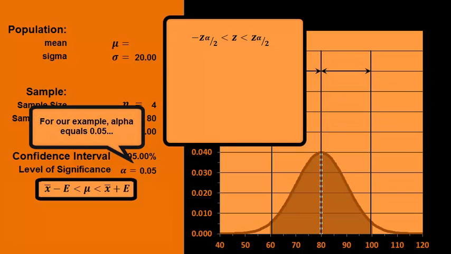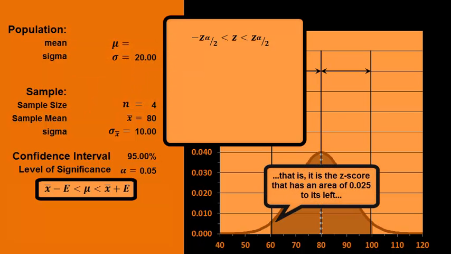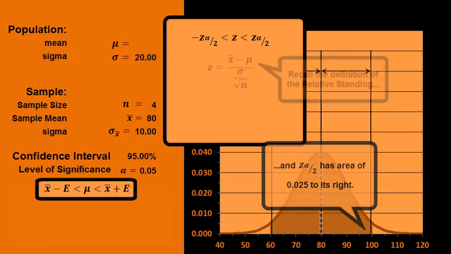For our example, alpha equals 0.05. So minus z of alpha over 2 is that z-score that has half the value of alpha to its left. That is, it is the z-score that has an area of 0.025 to its left. And z of alpha over 2 has an area of 0.025 to its right.